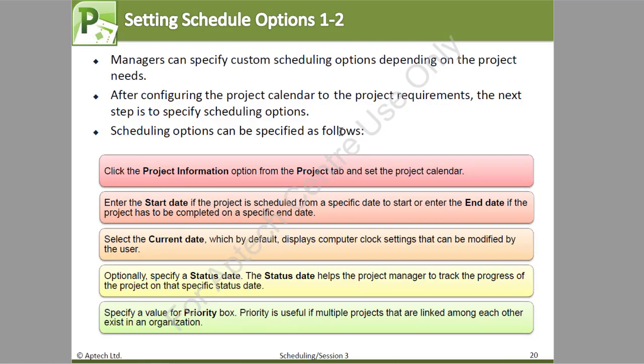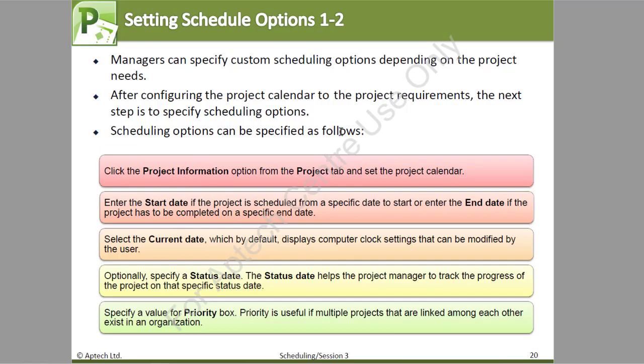Now, setting schedule options. Managers can specify custom scheduling options depending on the project needs, and after configuring the project calendar to the project requirements, the next step is to specify the scheduling options. Scheduling options can be specified as follows. You click on the Project Information option from the Project tab and set the project calendar.